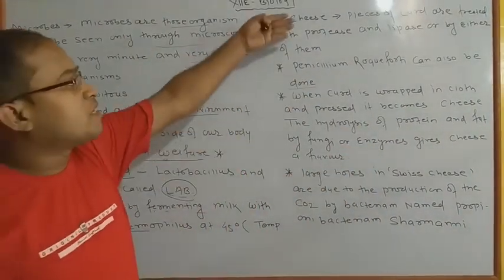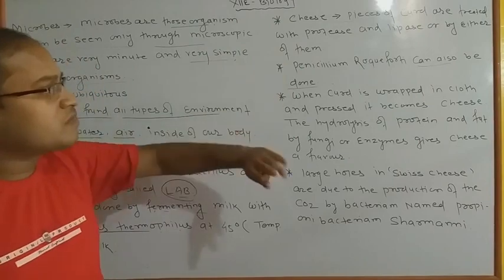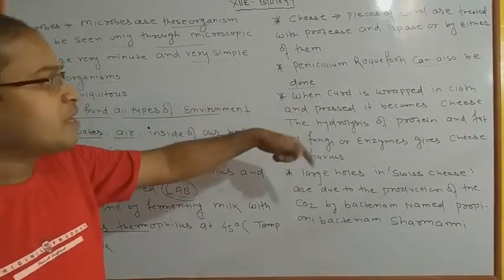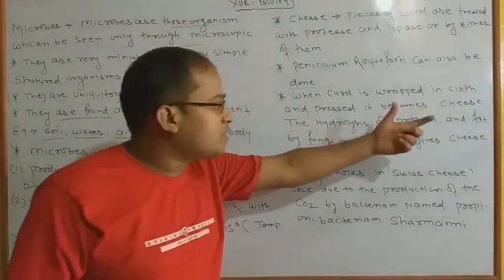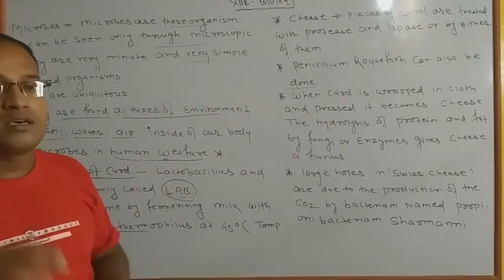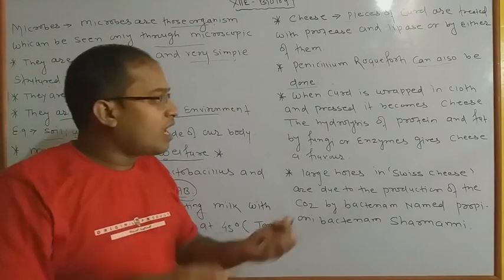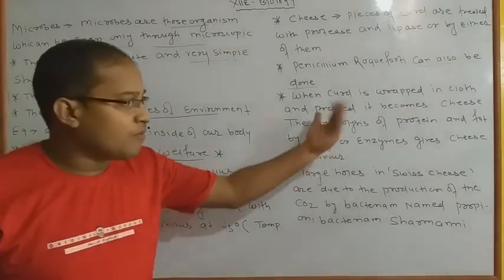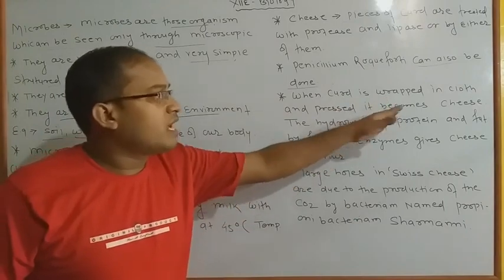Apart from that, there is a special and beneficial step in how cheese is prepared. First, the curd is wrapped in a cloth and pressed, and it becomes cheese. It takes some time for the formation of cheese.